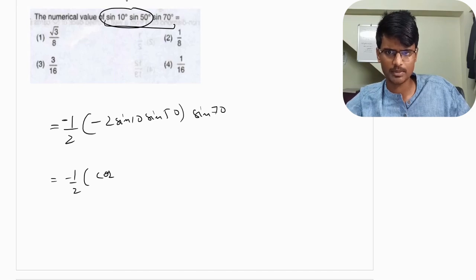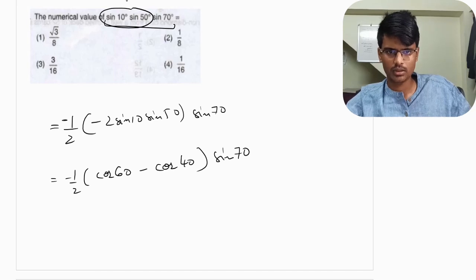Cos A plus B is 60, minus cos of A minus B, 50 minus 10 is 40. That's it. Totally fine. Minus 1 by 2, 1 by 2 minus cos 40 sine 70.